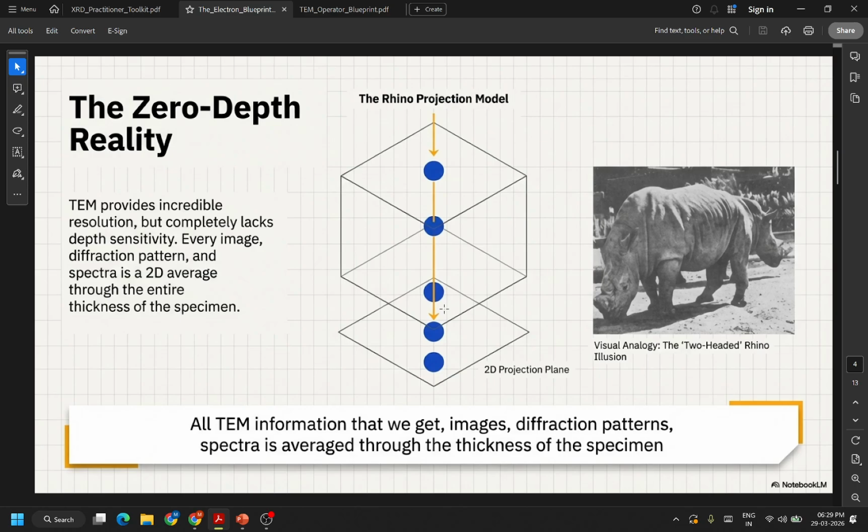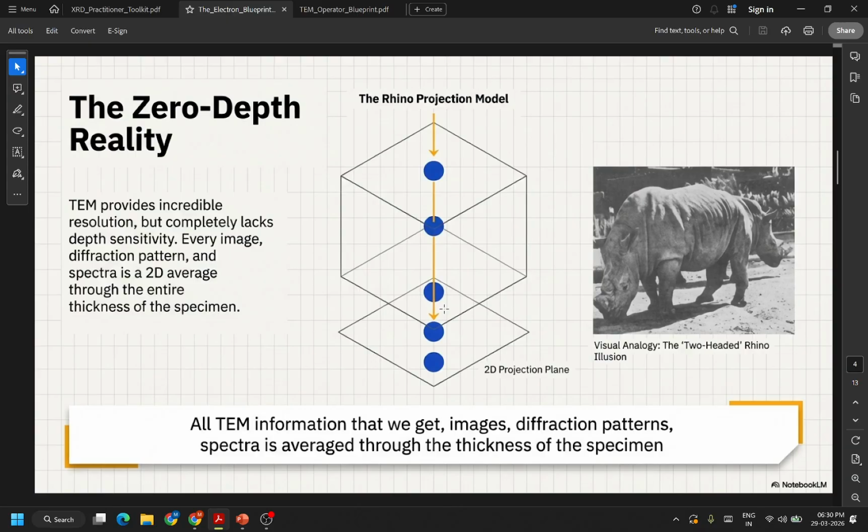So one problem with TEM is that it does not have depth sensitivity, since the depth of focus is very high in electron microscopy. TEM means transmission. So the TEM detectors are sitting beneath your sample, detecting the electrons that are transmitted through your sample.